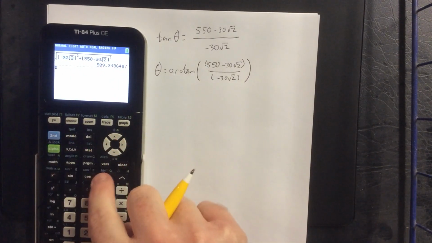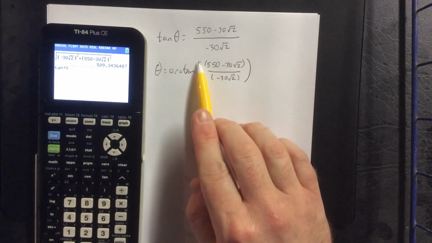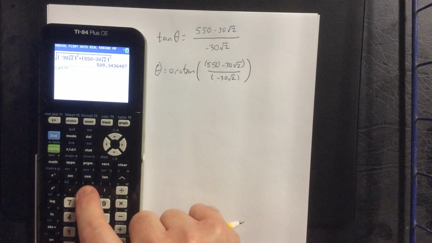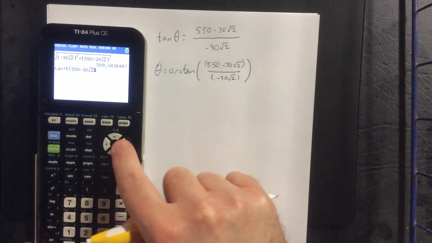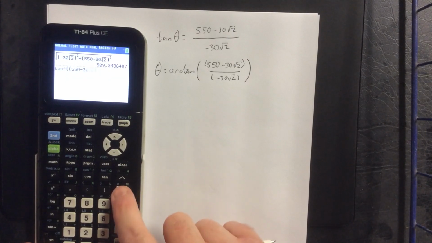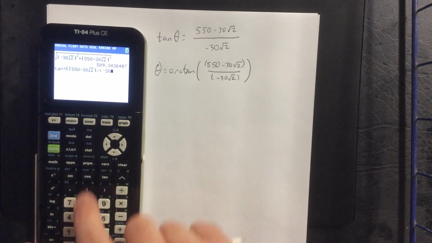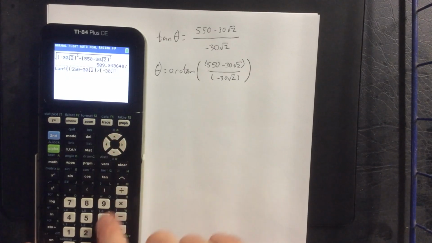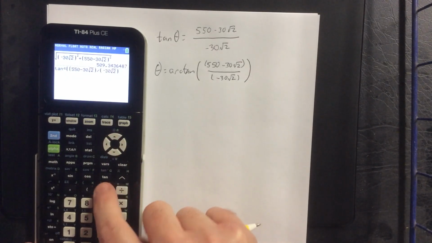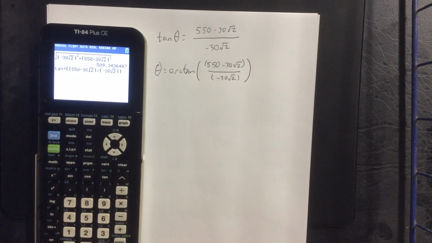So we'll begin by asking for an arctangent. It'll automatically generate the outer set of parentheses. The numerator gets its own set of parentheses. Close those off. The denominator gets its own set of parentheses. Square root of 2. And then we'll close those sets of parentheses.